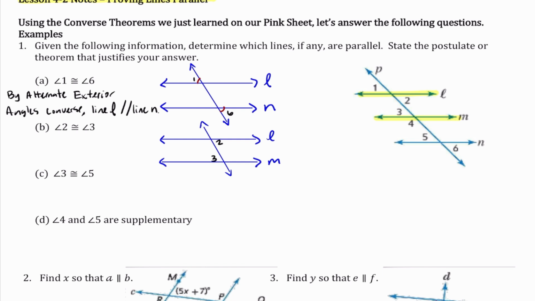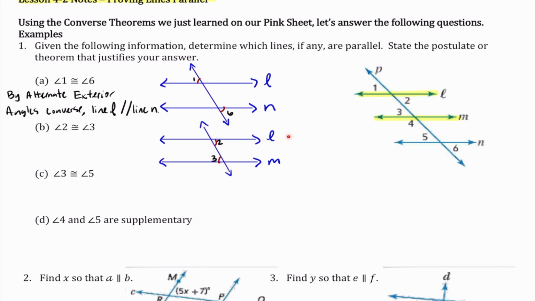And remember, angle 2 is congruent to angle 3. So I'll draw one arc here and one arc there to show that those two angles are congruent. We can see that angle 2 and angle 3 are inside of the two lines here, and they are on opposite sides of the transversal.